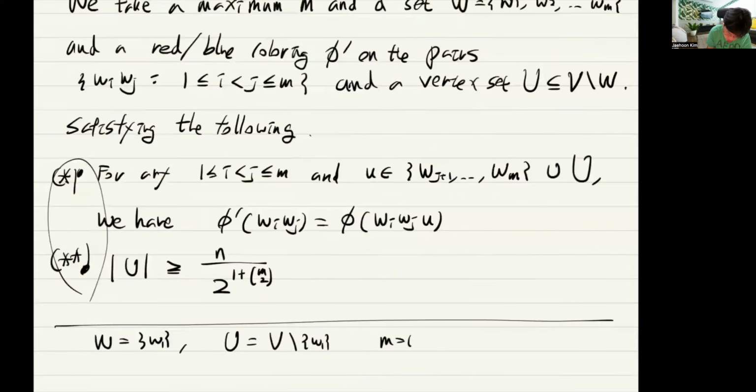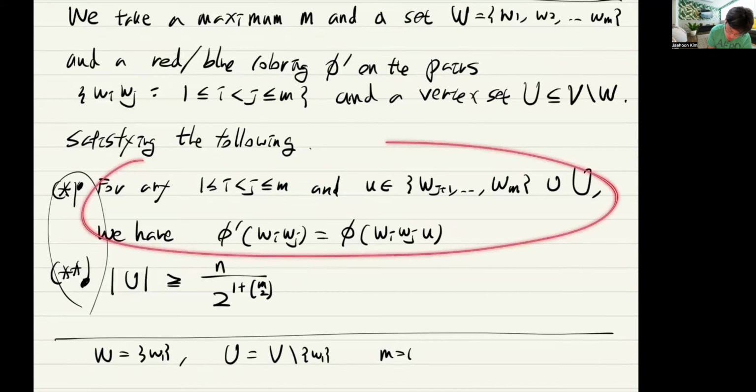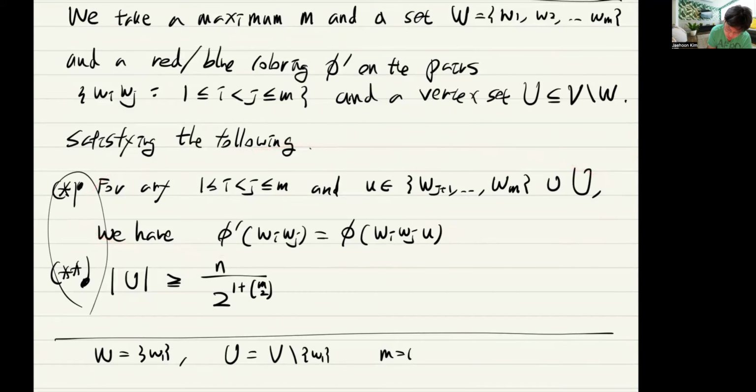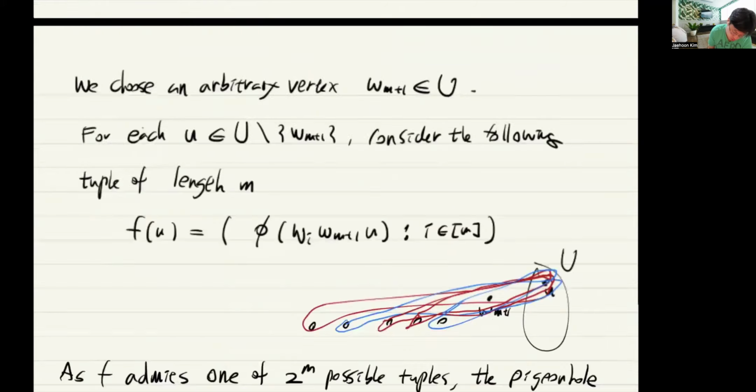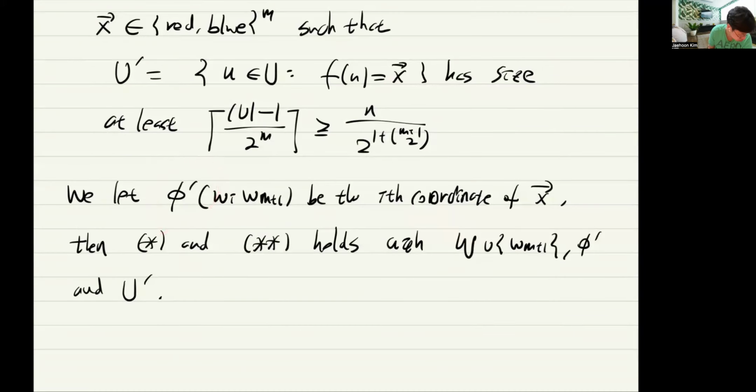Why? So this first one is easy. When i, j are at most m, the original condition already implies it. When j is m plus 1, that's the only new pair. But that's already guaranteed by this choice of x and the definition of pi prime.